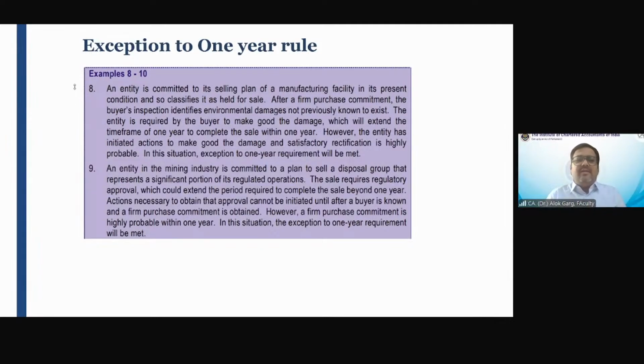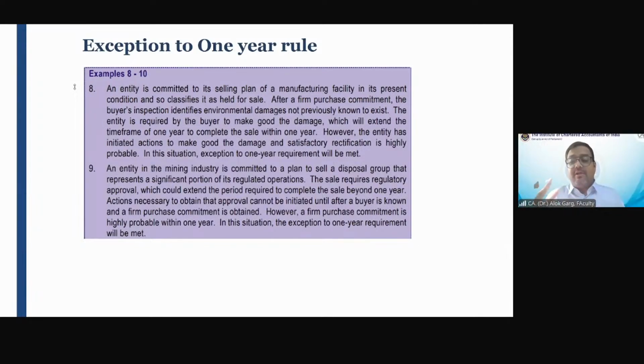Hemant is asking, sir, is shareholder approval required on all conditions? No, Hemant. This was just an example. ये example दिया गया है कि in case the shareholder approval is required, it means management is committed to sell the asset, so in that case shareholder approval is also mandatory.